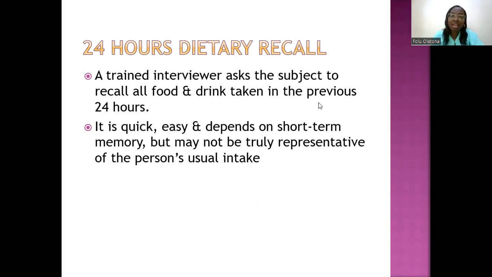So you agree with me that it's real work to achieve that for a large number of people. But it's quick to take when you're on the field, and it's easy and depends on short-term memory.